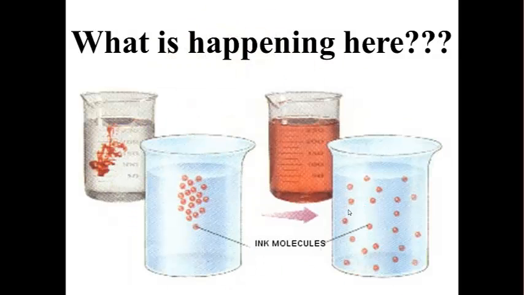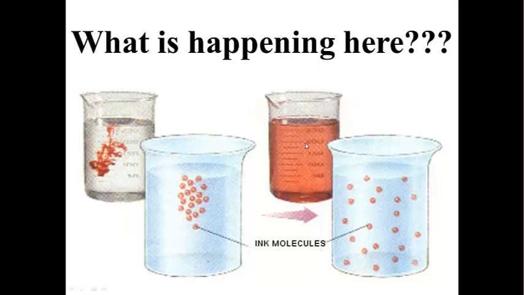Okay, let's look at what's happening here. We've got ink molecules, and they go from here to here. So basically what's happening is there's a high concentration of dye here, or ink, and eventually, over time, it spreads out. Over back here is the real life version of it. So the ink comes to the middle.